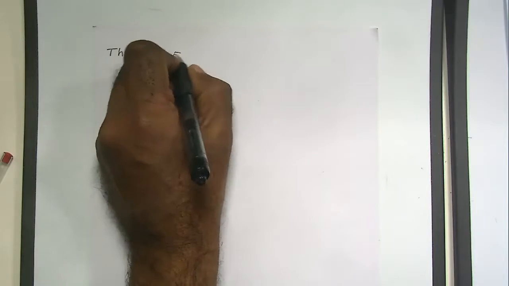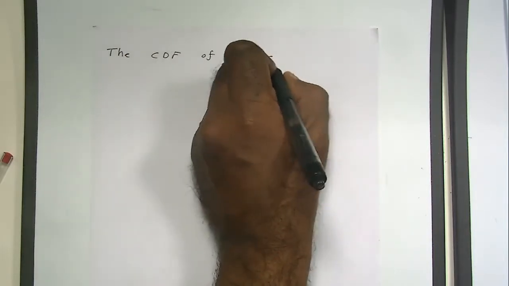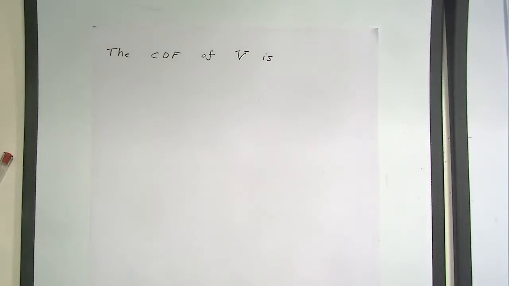The next thing is to find the CDF of V. To find the CDF of V, once again I'm going to use the formula that I gave you yesterday, right?